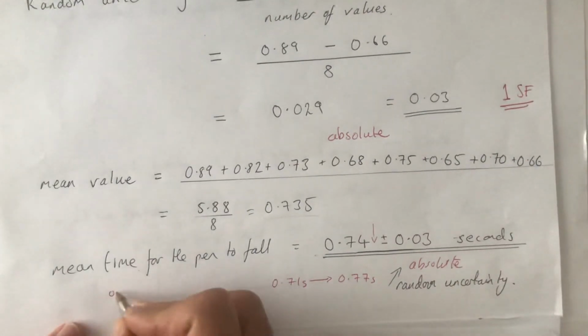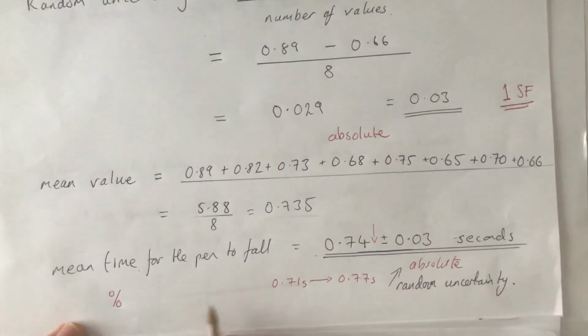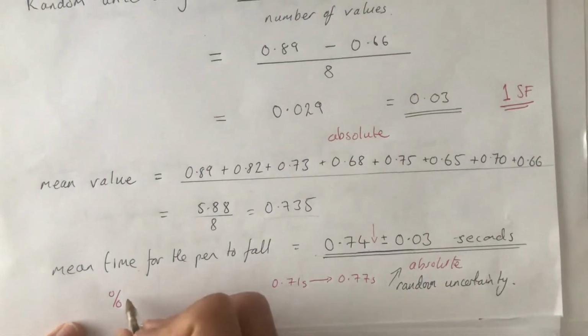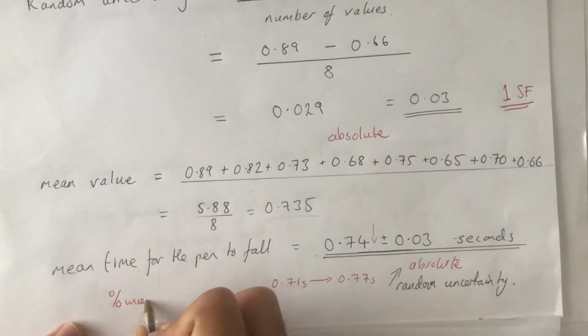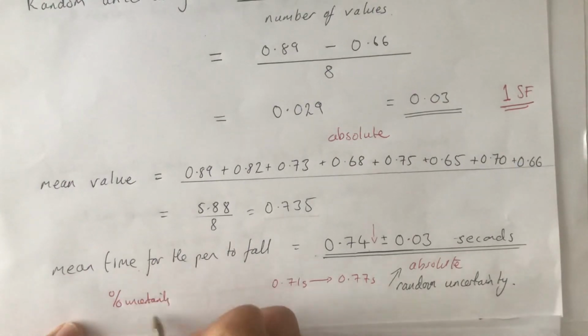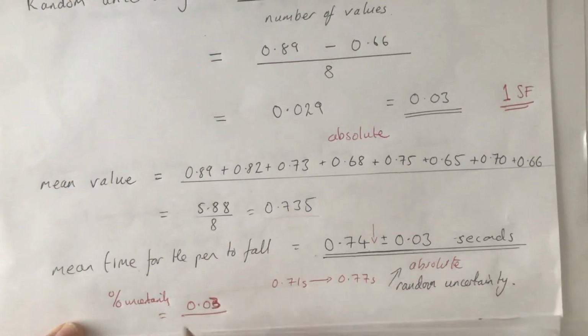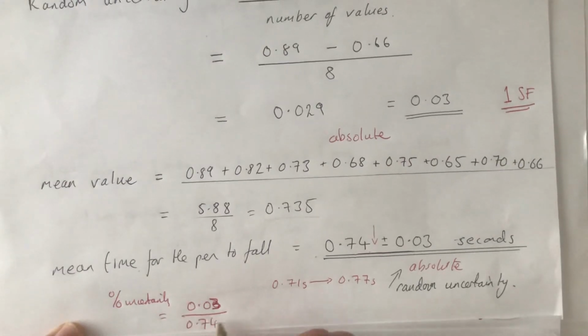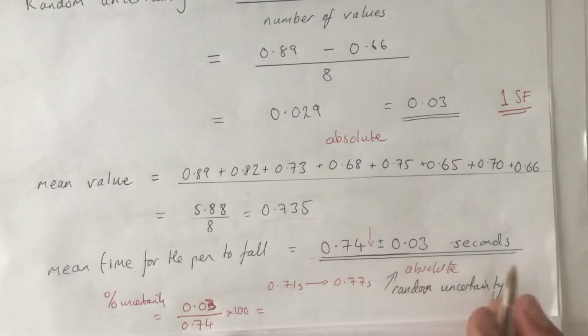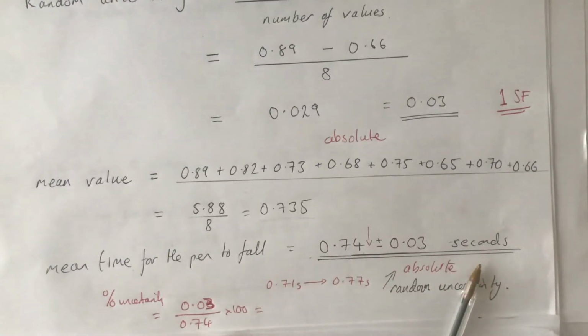Okay, now one thing that I haven't done is mention that I could give this as a percentage uncertainty. If someone wants to know the percentage uncertainty in the time, I would just take my uncertainty, 0.03, and divide it by the value, 0.74, and times it by 100 to get that fraction as a percentage.